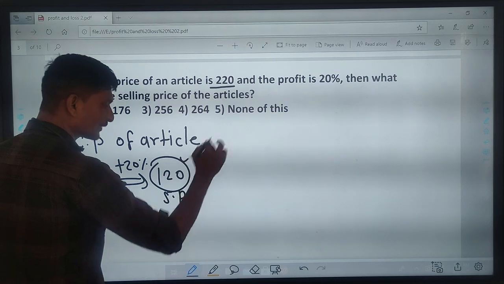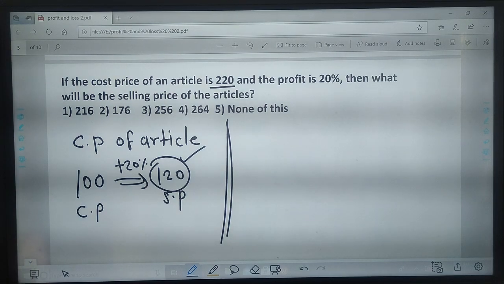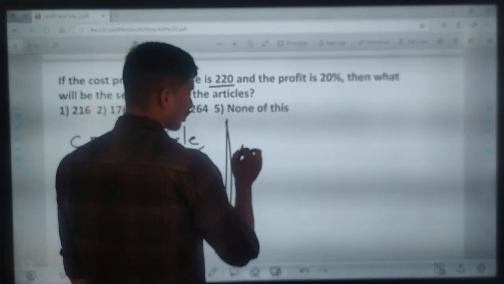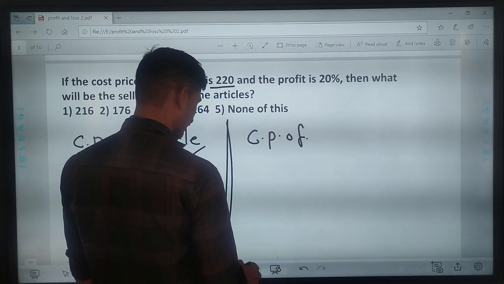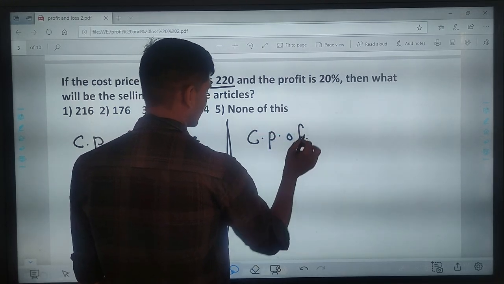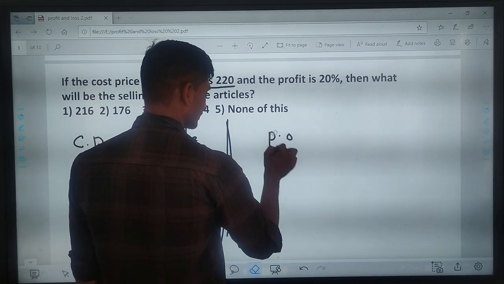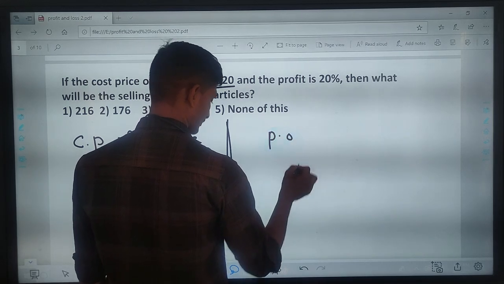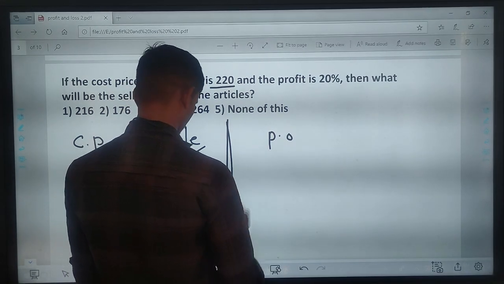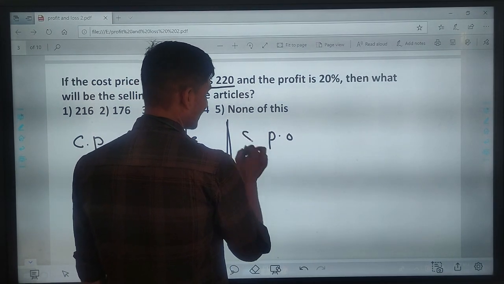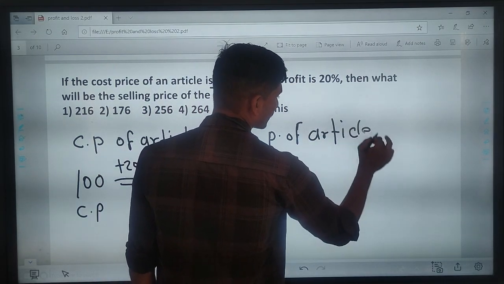Now here we find the selling price of the article. This becomes the numerator.